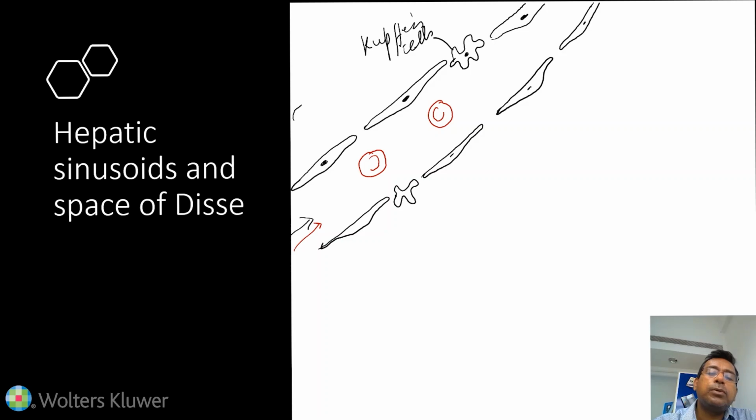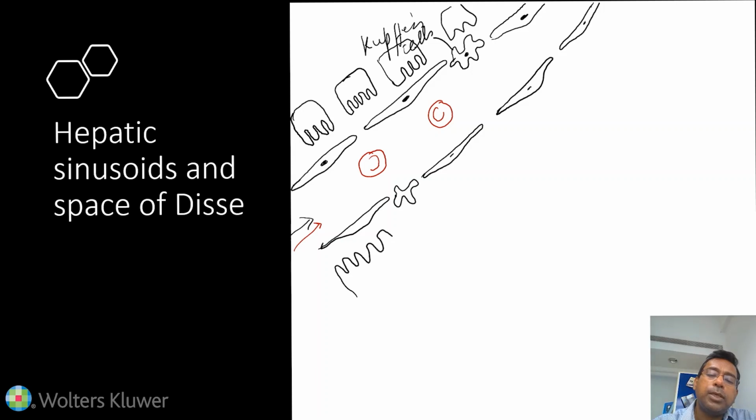So that's the hepatocytes, and the surface of the hepatocyte facing the sinusoid has microvilli to increase the surface area for exchange of material. I will draw one more on this side. That's the hepatocyte.